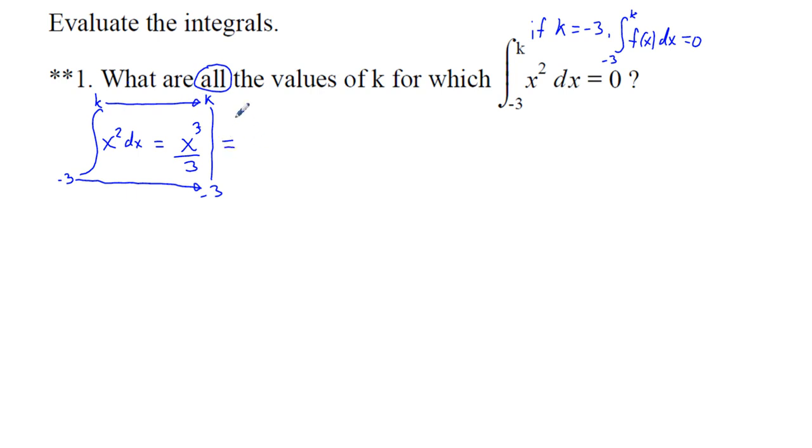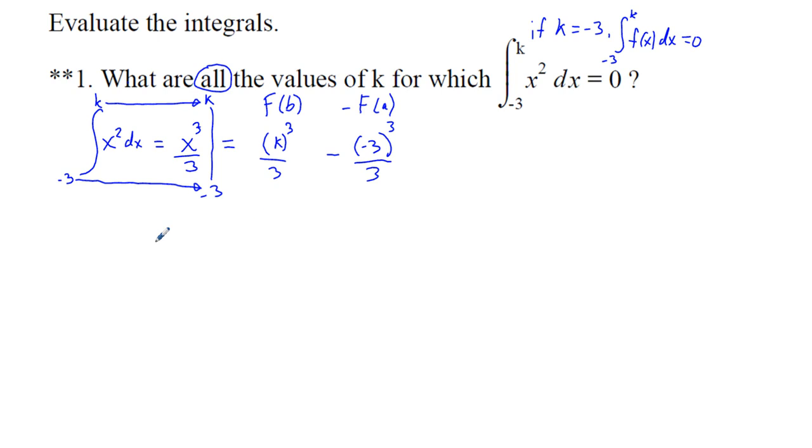And so what we're going to have is big F of B minus big F of A. And what that's going to be is we replace x with k, so we have k cubed over 3 minus big F of A. We're going to plug in negative 3 cubed over 3. So that's what we have.